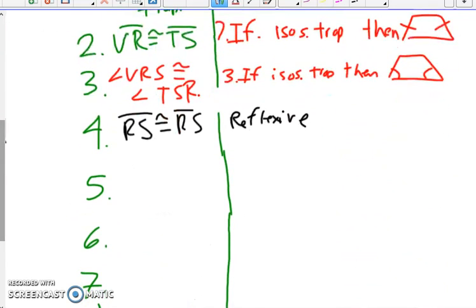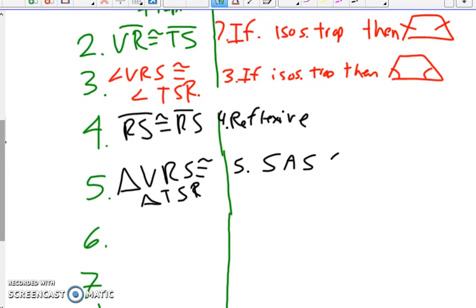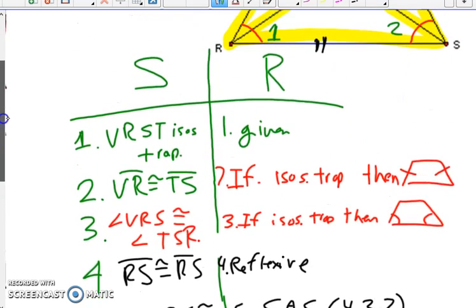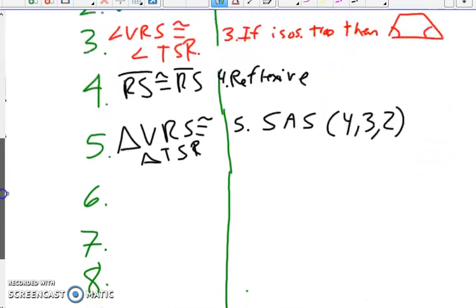Okay, so come down here. Our triangle VRS is congruent to triangle TSR. Again, we are using side, angle, side, and we're using steps 4, 3, and 2. And then by CPCTC, angle 1 and angle 2 are going to be congruent.